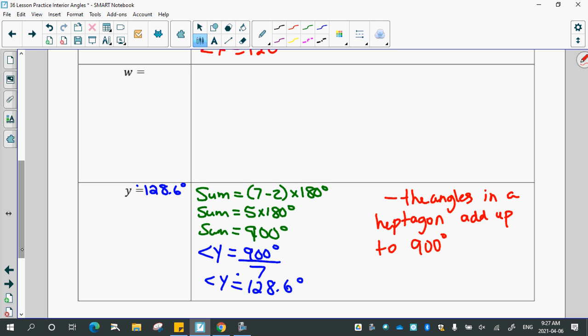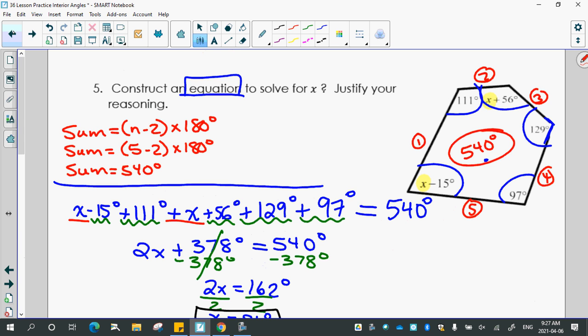Confused, because why did you use 7 instead of 5? So the formula says the number of sides minus 2. So n in the formula back here stands for number of sides. So if there's 7 sides, that's why I put a 7 in there.